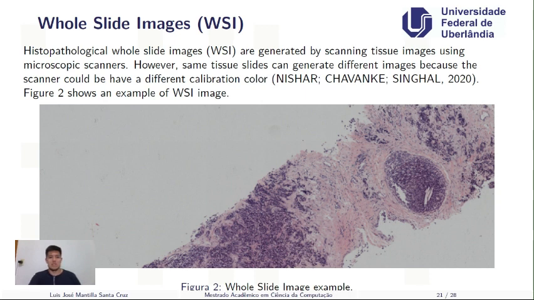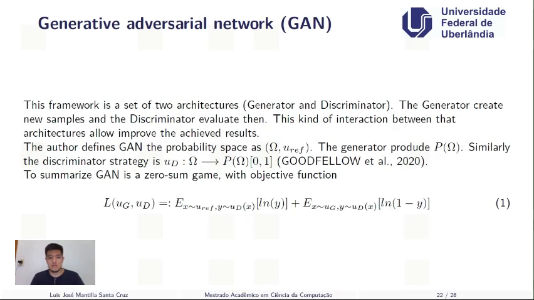We have the whole slide image, or WSI, which is a regular image captured by a scanner, and we can have many different images captured by the same scanner of the same tissue, basically. To get different images, we have to change the calibration color value, and that generates many troubles for researchers. But this is a property of these whole slide images.